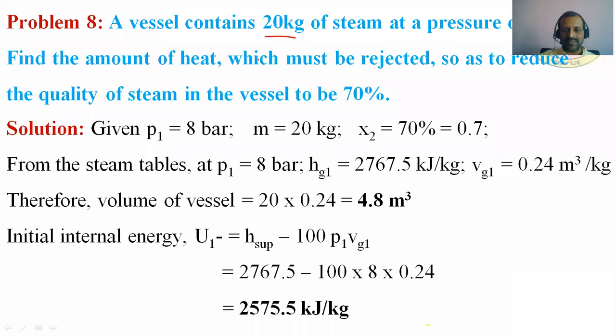Remember the steam table refers to 1 kg of mass, all values given in the steam table are for 1 kg. But the problem gives 20 kg, which means whatever values you calculate should be multiplied by 20, right? Then x2, the dryness fraction, is given as 70%, so it is 0.7.